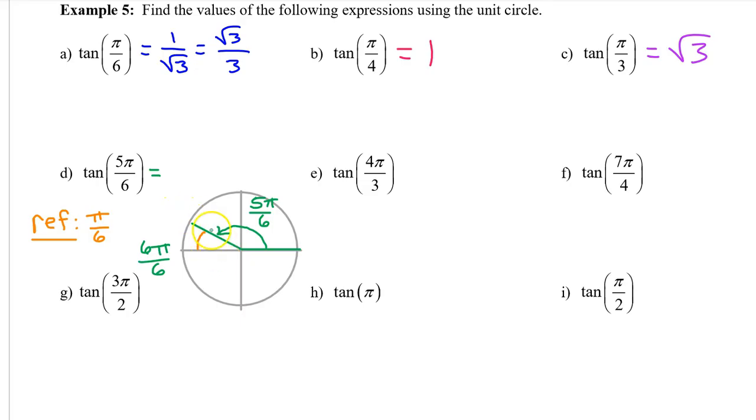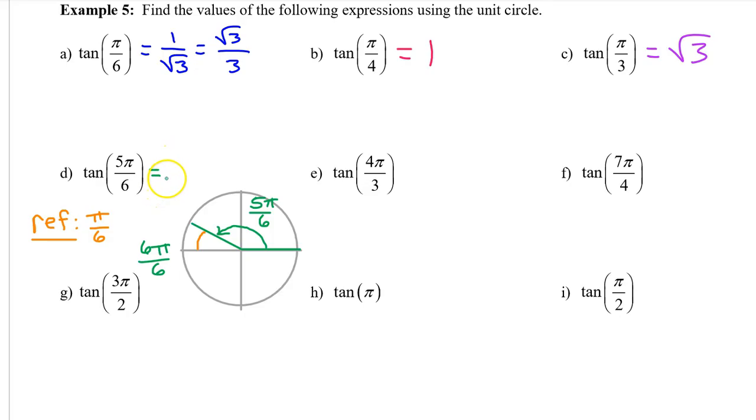The angle between the terminal side and the x-axis is called the reference angle, and in this case the reference angle is pi over 6. This is important because the tangent of 5 pi over 6 will be the same as the tangent of the reference angle pi over 6, except it might be positive or it might be negative.